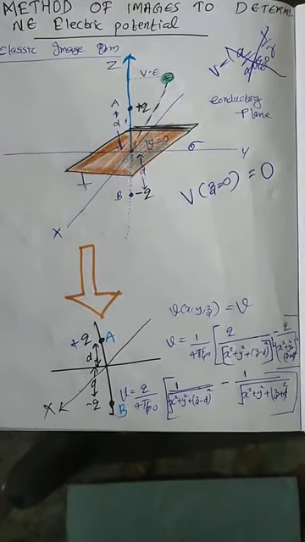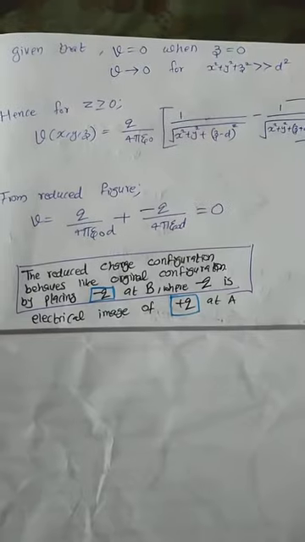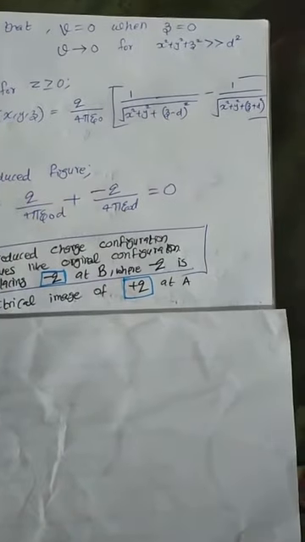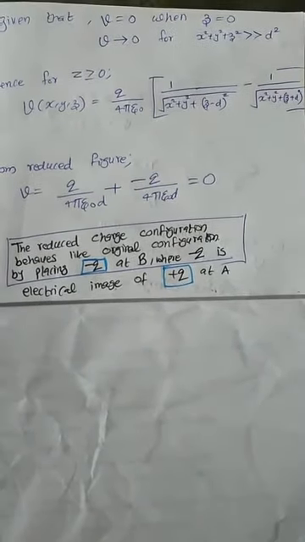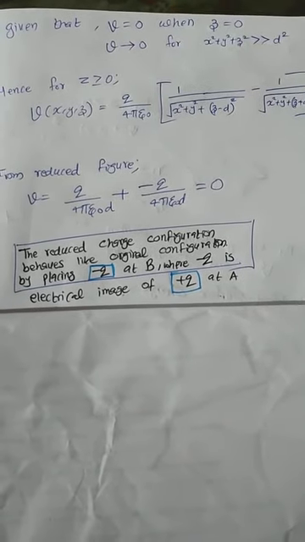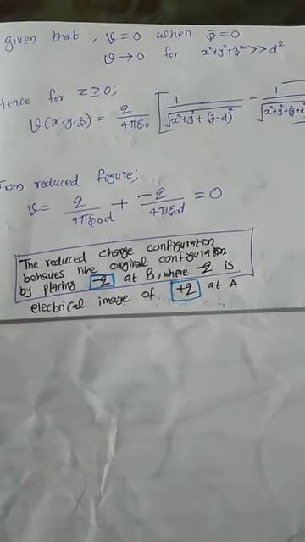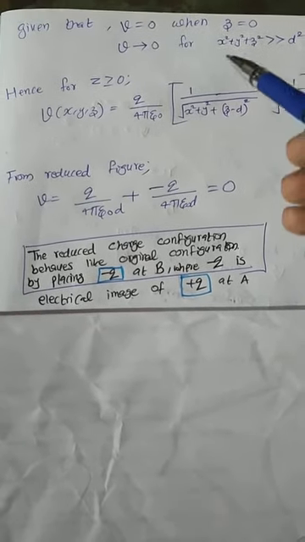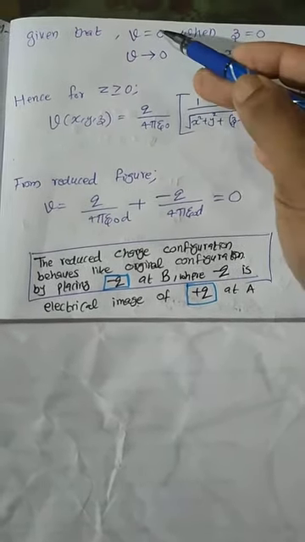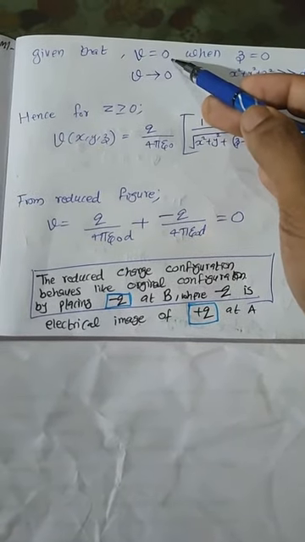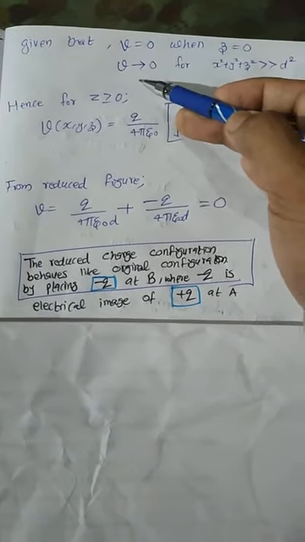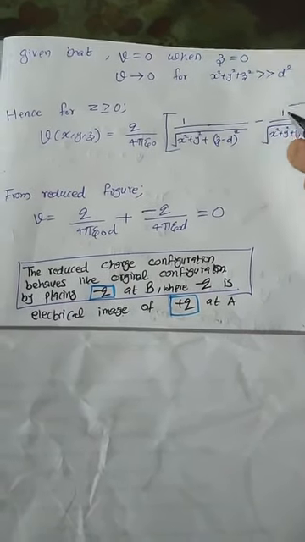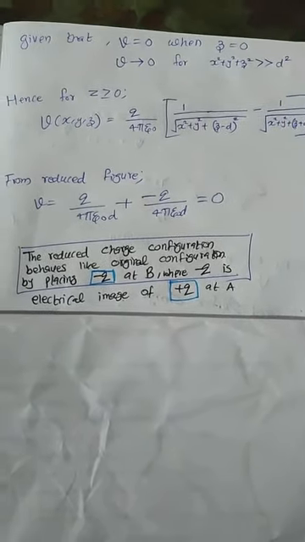Hope you got what I had said so far. In order to find the charge configuration, the induced charge due to the point charge, we have to consider many conditions. The first one, as I said earlier, is that V is considered to be 0 at the xy plane, and secondly, V tends to 0 at a far distance from the point charge.